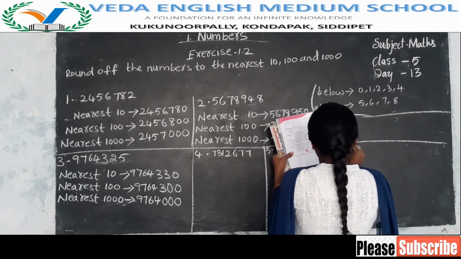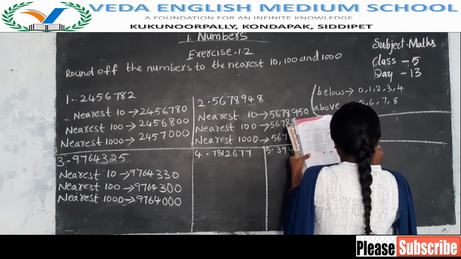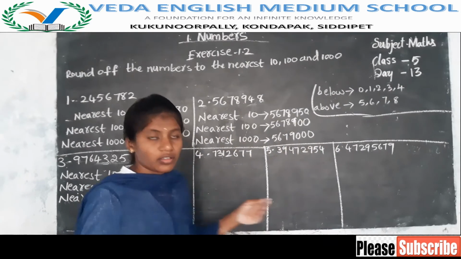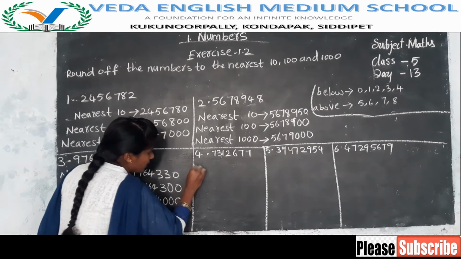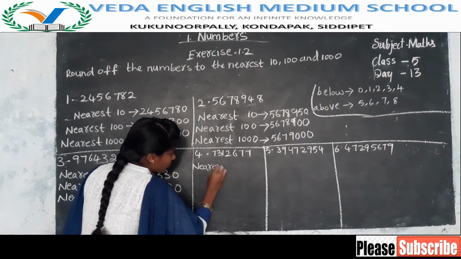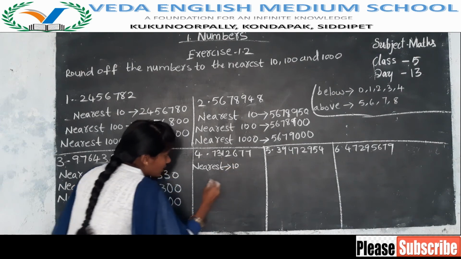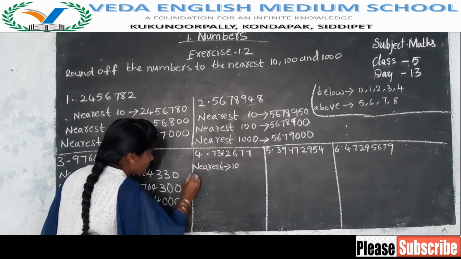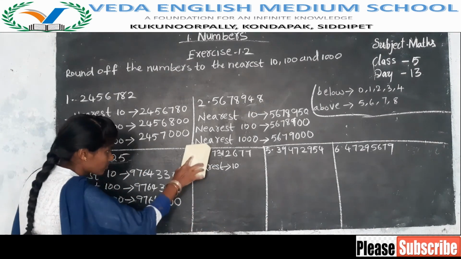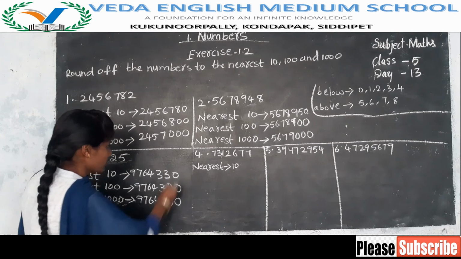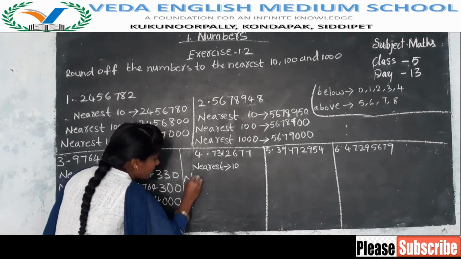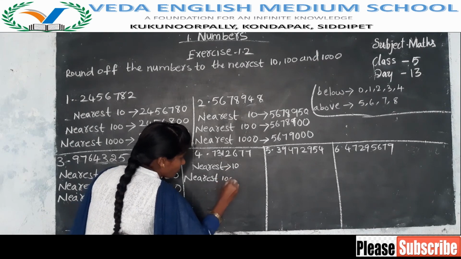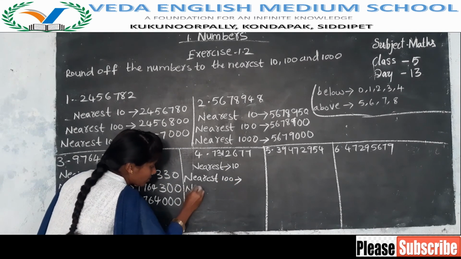Next, sixth question. 4, 7, 2, 9, 5, 6, 7, 9. Now, nearest 10, nearest 100. I think you will have the solution. No problem, right? Nearest 100. Next, nearest 1000.